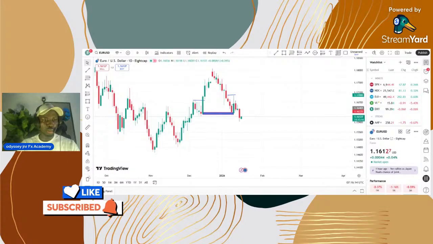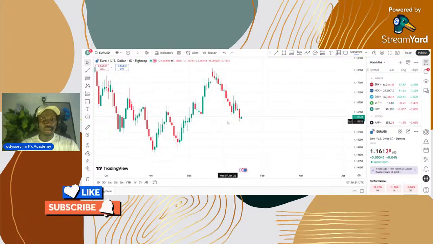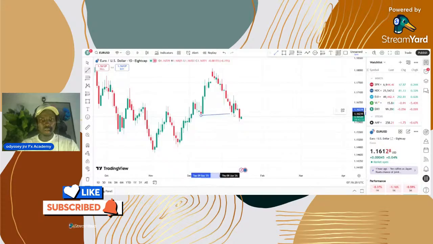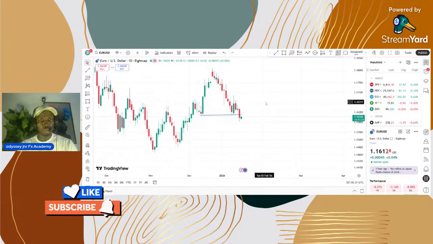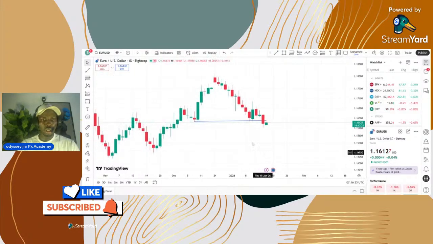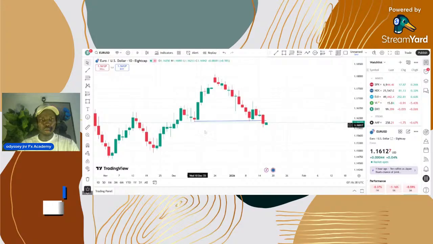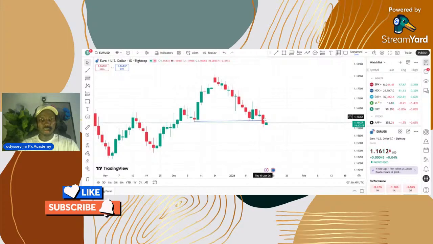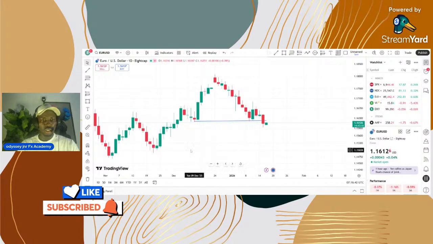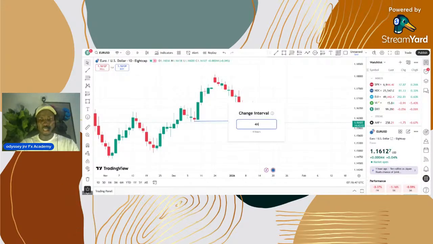Let me clean this up. On the daily time frame, this is a clear change of character because this low has been broken. I'm still waiting for this. So let me go to the 4 hours.